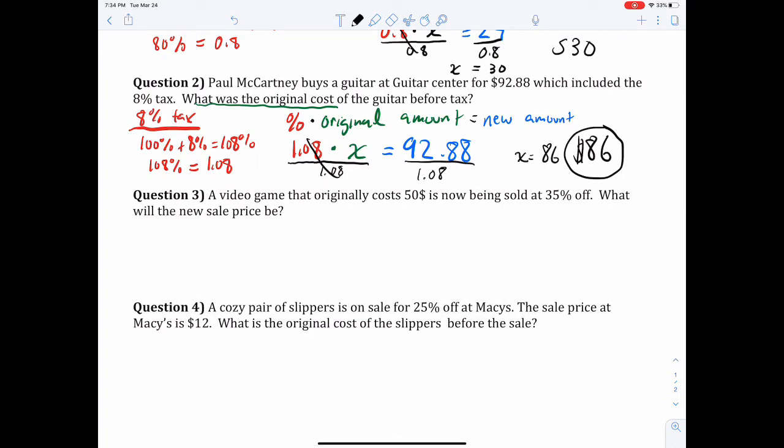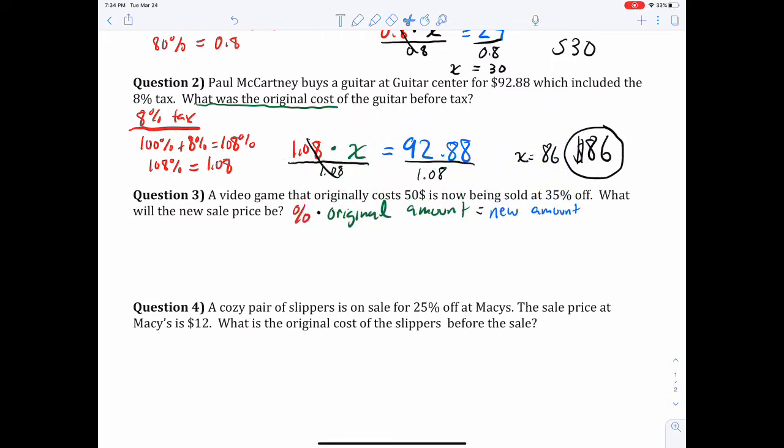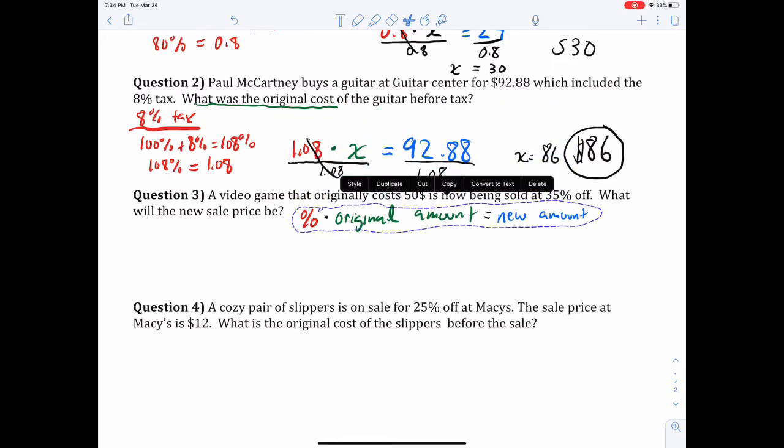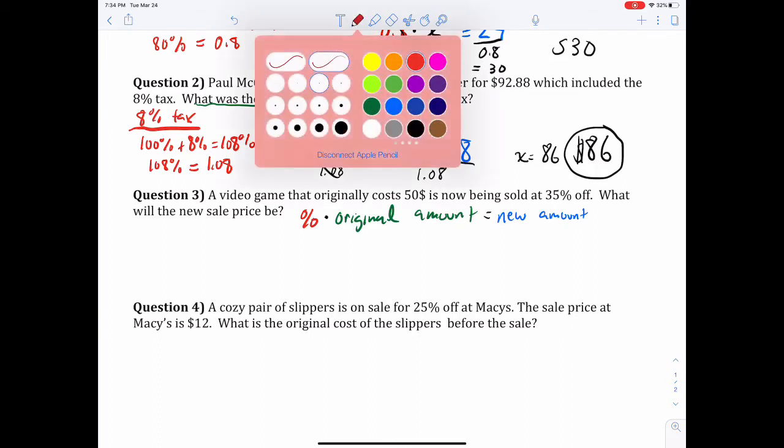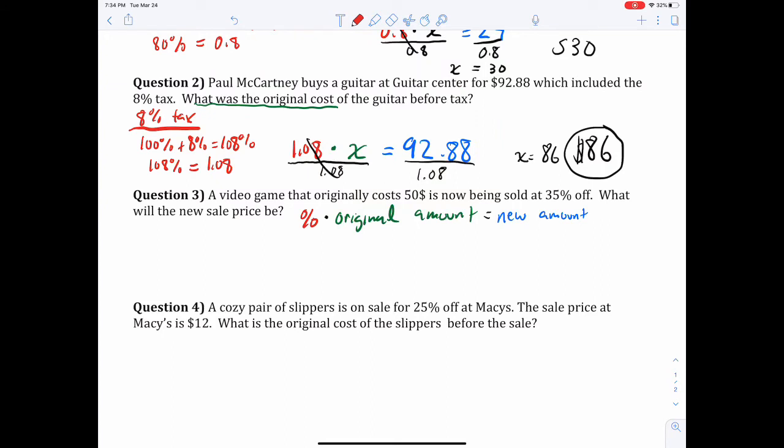Let's read this one again. I know that this formula is very important, so I'm going to copy and paste this, as you can do on your paper. Just grab that, and I'm going to bring it right down here. Okay, so a video game that originally cost $50 is now being sold at 35% off. What will the new sale price be? We know what it originally cost here.